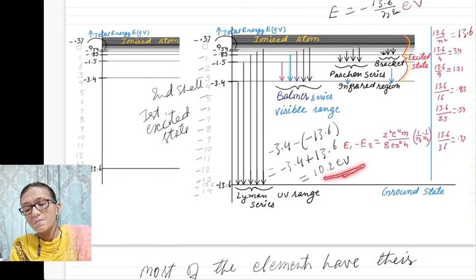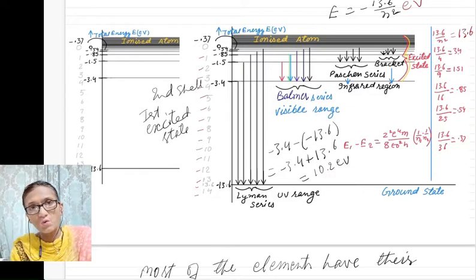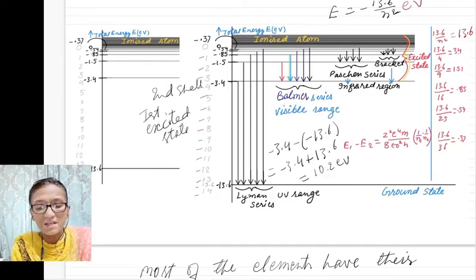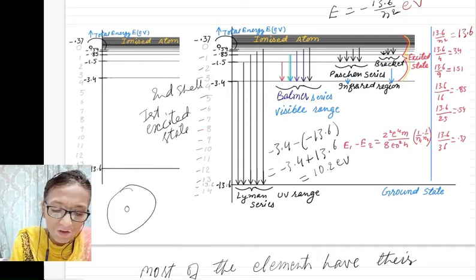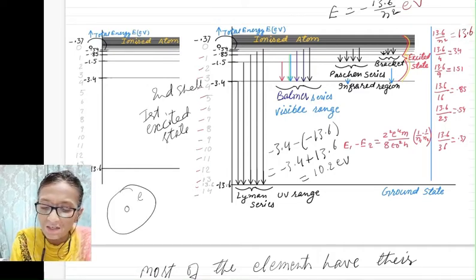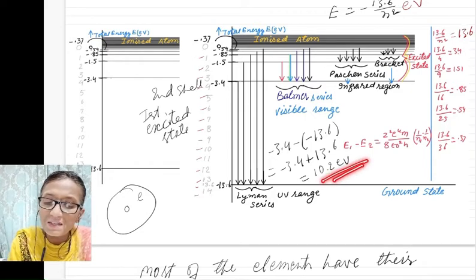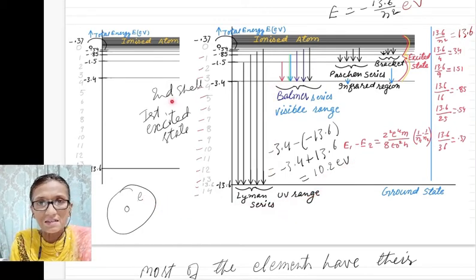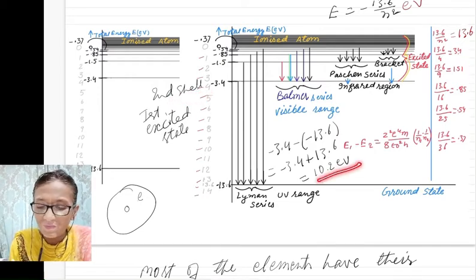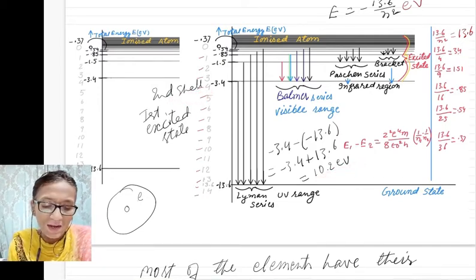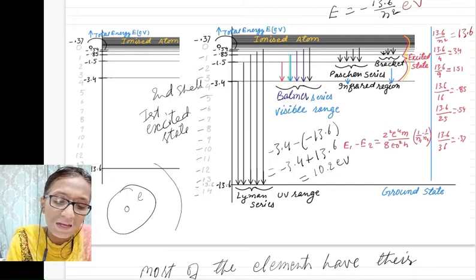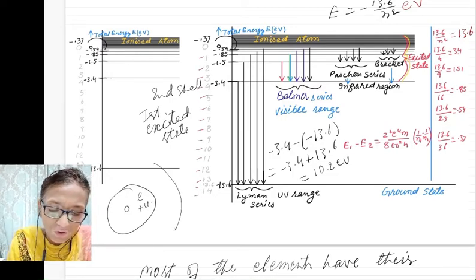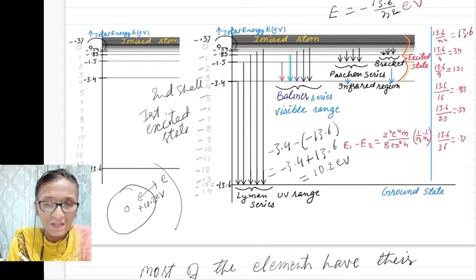So if this energy is provided to an electron in its ground state, you have one electron revolving around the nucleus in its ground state, and if this much energy is provided, then it can leave its ground state and it may reach its first excited state, means second cell. How much energy? 10.2 electron volt. So after gaining 10.2 electron volt, the electron will jump to the second cell.